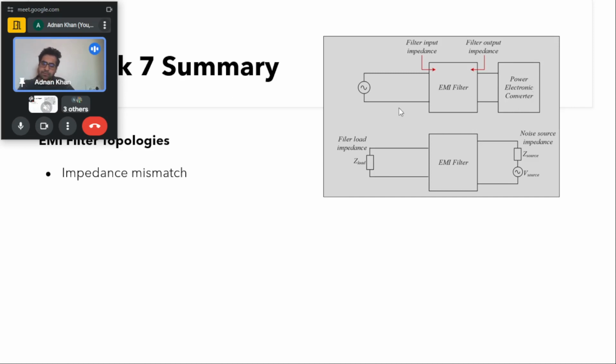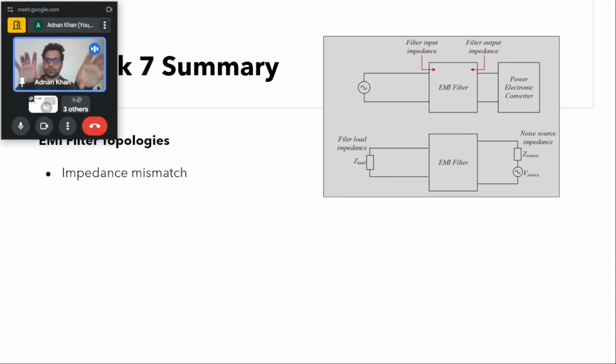we have a power electronic converter and there is a source, and in between them there is an EMI filter. And usually this power electronic converter will be the source of this EMI, and there will be some impedance of this power electronic converter, and we'll be having a load or some other part or the grid or whatever, they will have their own impedance.